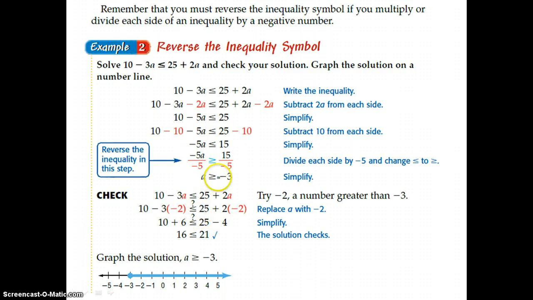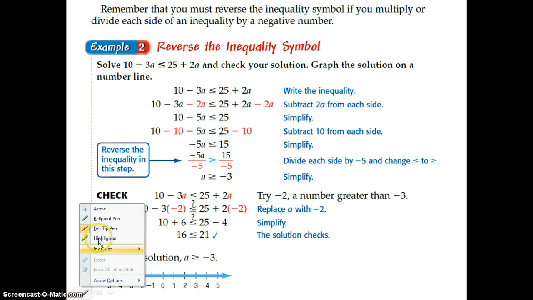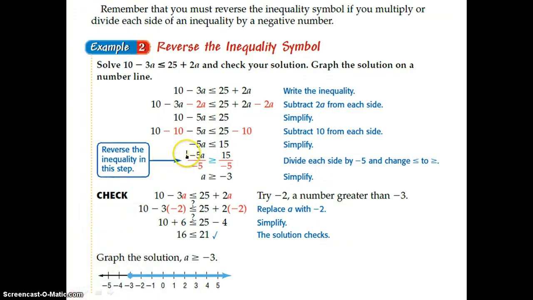Okay, so remember that you must reverse the inequality symbol if you multiply or divide each side of an inequality by a negative number. Nothing different than what we've been doing, but just remember here, since we have -5 times A is less than or equal to 15, when you divide both sides by -5, you have got to reverse this inequality symbol, and they're pointing it out here in the box too.